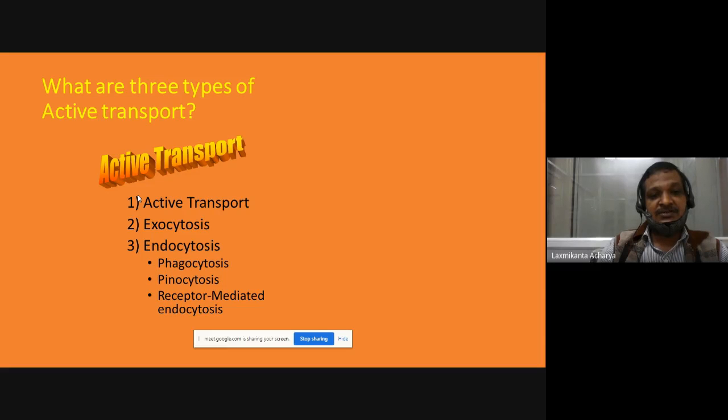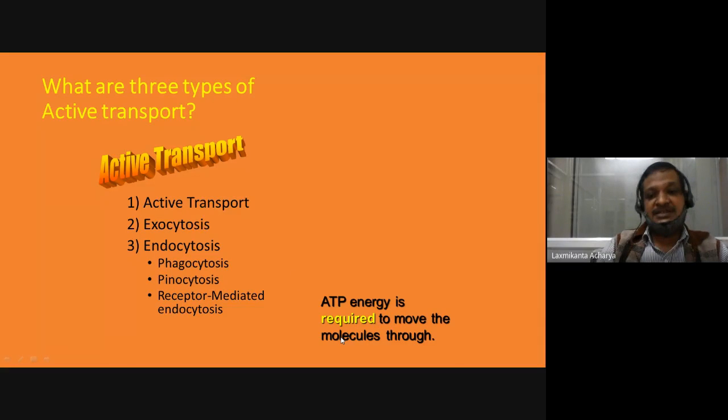You know that during active transport, you need ATP. The cell has to invest some energy that will be required for the transport of the substance opposite of its concentration gradient, right? So the movement of the substance will take place from lower concentration to higher concentration.